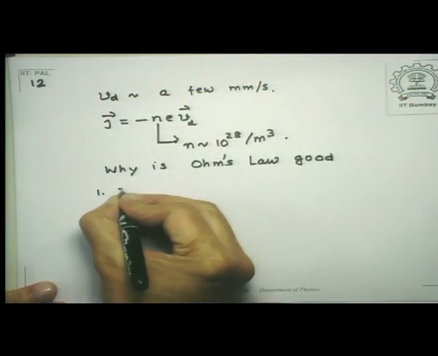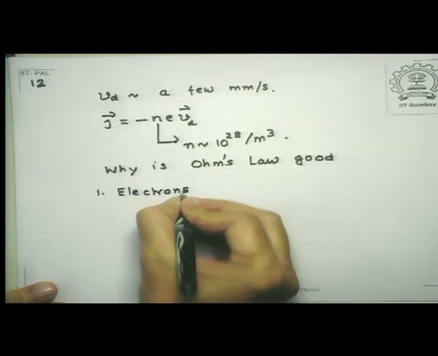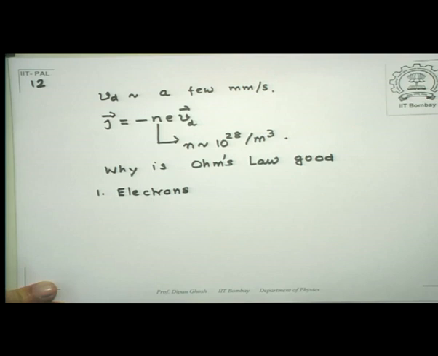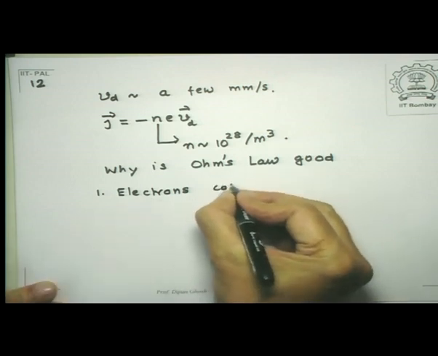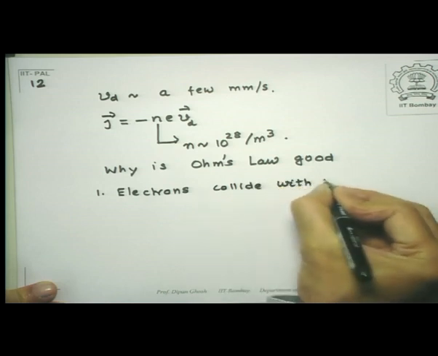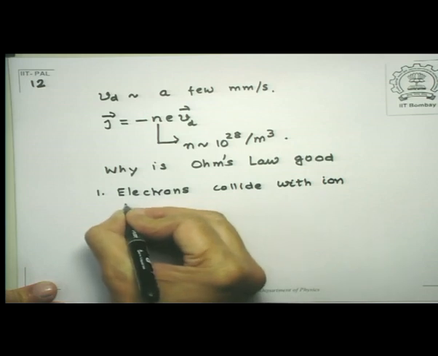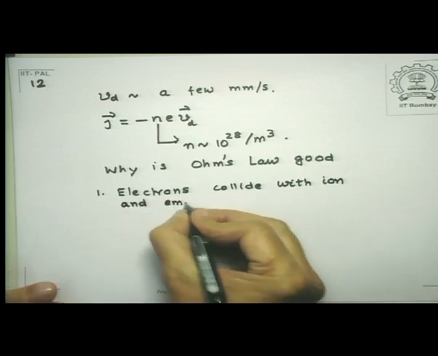The typical speed of electrons, I have said already, is of the order of 10 to the power 6 meter per second. So electrons collide with ions and emerge with velocity in random direction.